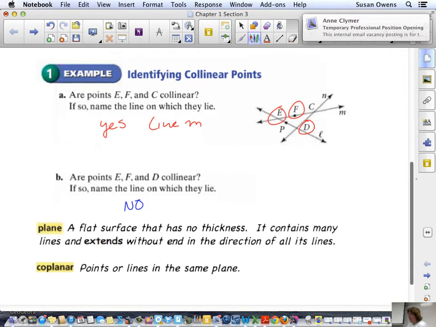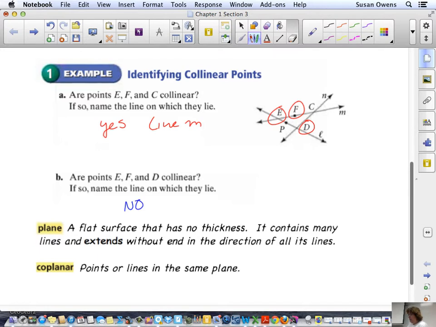Really what I'm saying is, if you took the ceiling and made it so it had no thickness, incredibly thin, and then extended it forever in every direction, that would be a plane. So often when I talk about the plane of the board or the plane of the wall, those are not the planes themselves, but if you extended it forever and made it incredibly thin, then that would be a plane.